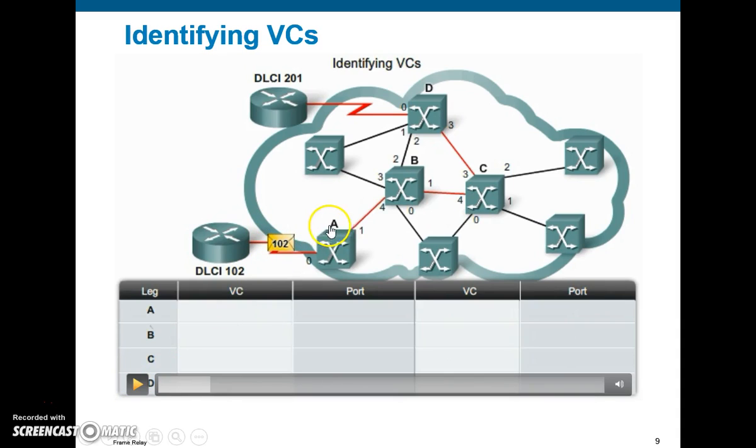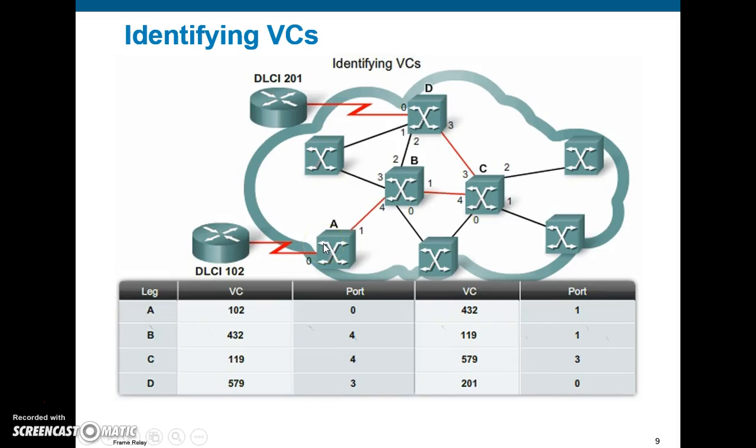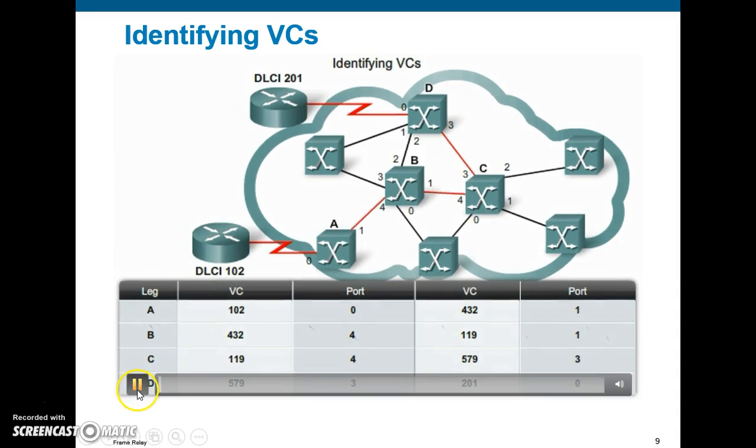So as a packet is sent to frame relay switch A, let's look at how the packet is sent. You notice A is already pre-programmed by the ISP, saying that if A receives a packet from its port number 0, and the DLCI number is 102, it will change the DLCI number to 432 and send it out through port 1, which is here.